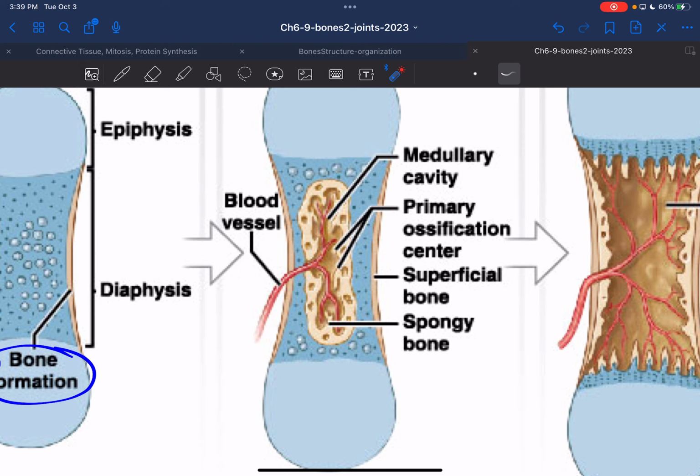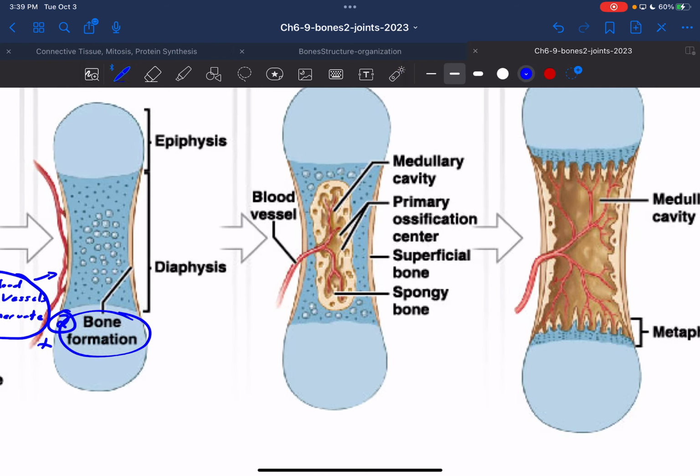And so when they start working really hard because the blood vessels are there to supply them, we call that the primary ossification center. So we're going to add our step 3 here.